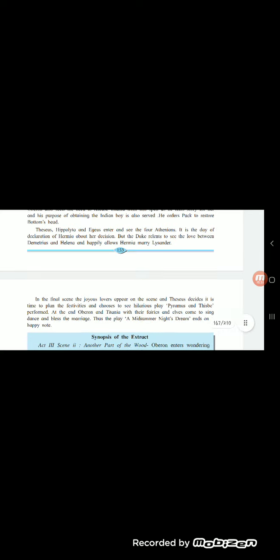Okay, here what has happened, let me tell you the story of these two again, Oberon and Titania. Theseus, Hippolyta, Aegeus enter and see the four Athenians. It is the day of declaration of Hermia about her decision, and she tells openly that she loves nobody but Lysander only, and she is going to marry Lysander.